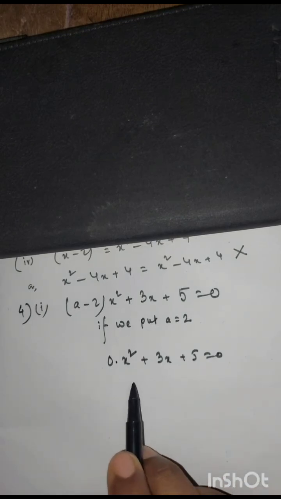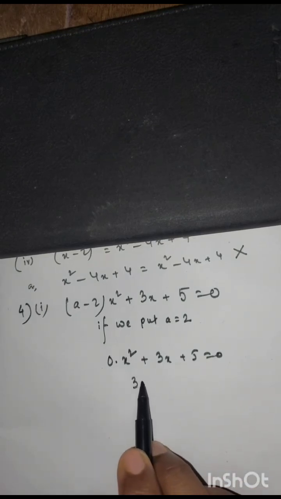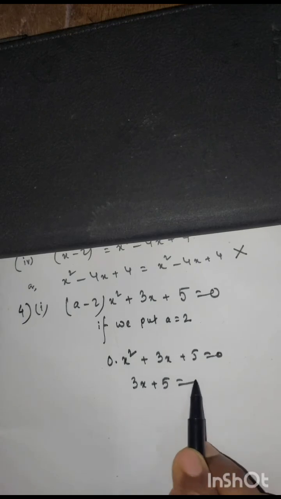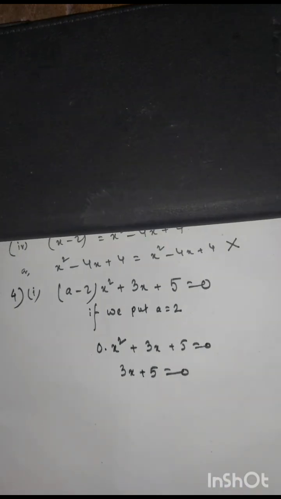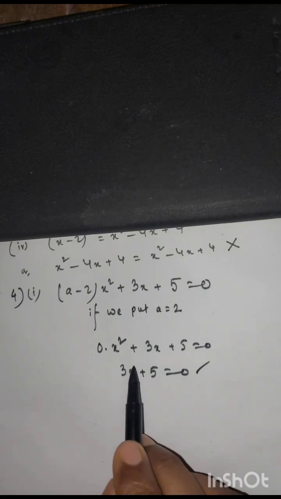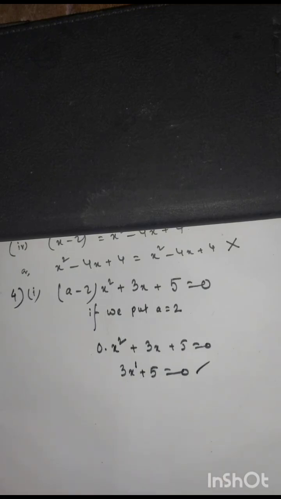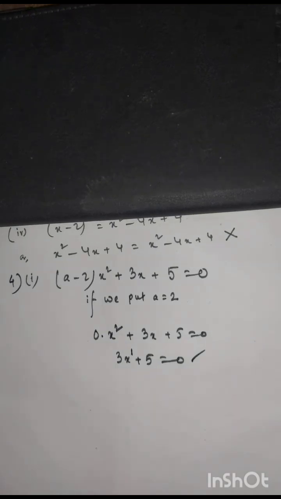So it becomes 0, and it is 3x plus 5 equal to 0. So this is a linear equation. Here the highest power of x is 1, not 2. So if we put a equal to 2, the given equation converts to a linear equation.